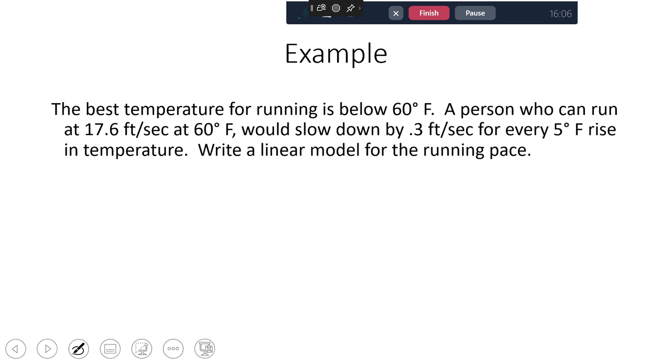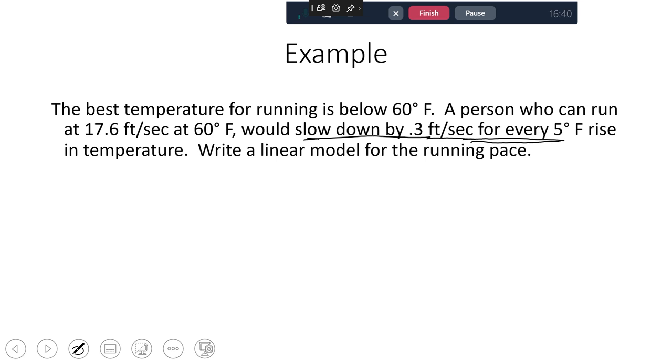So the best temperature for running is below 60 degrees Fahrenheit. A person who can run 17 feet per second at 60 degrees would slow down by 3 feet per second for every 5 degrees rise in temperature. Write a linear model for the runner's pace.